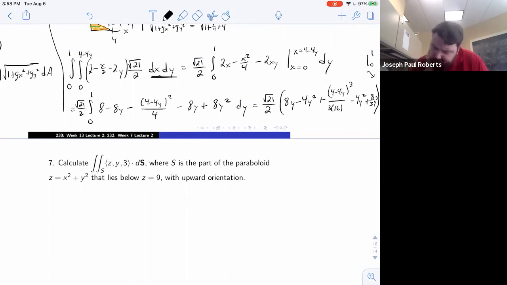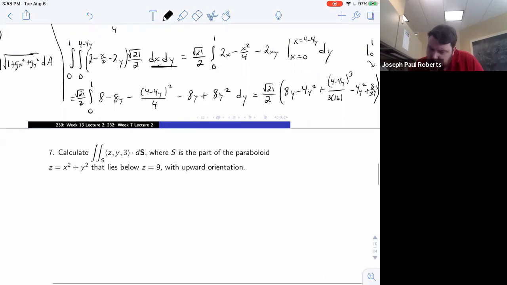So I get what? Does that work out nicely like that? The antiderivative is 8y minus 4y squared, so that stuff cancels. I'm going to get an 8/3.